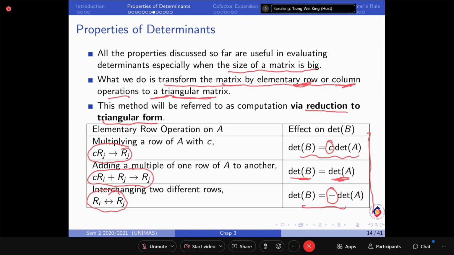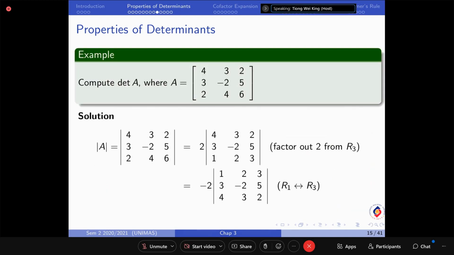Okay, so let's go to the example here. Compute the determinant of A where the matrix A is given by this. Now, I need to remind you that this is just one type of solution. It does not necessarily have to be like this, but this is one of the solutions.